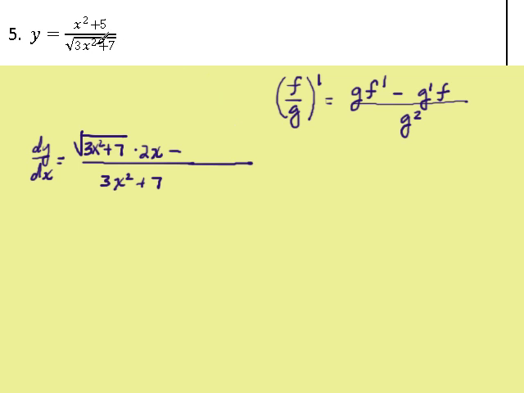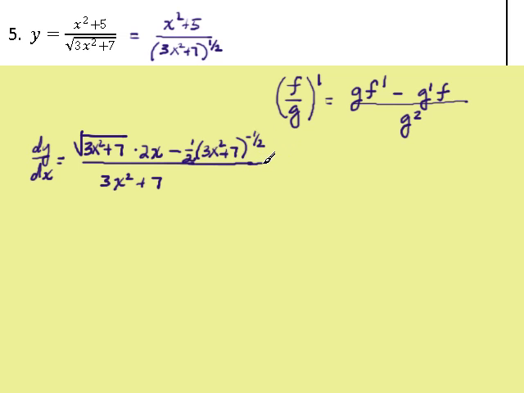Now I'm going to imagine that, let me just rewrite this with a 1/2 here instead of a square root. Okay, so now we're doing g prime, that's the derivative of this denominator, so we're going to do derivative of outside times derivative of inside. So for the outside, just bring down the power, subtract 1 from the exponent, 1/2 minus 1 is minus 1/2.